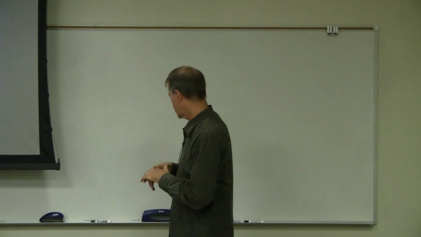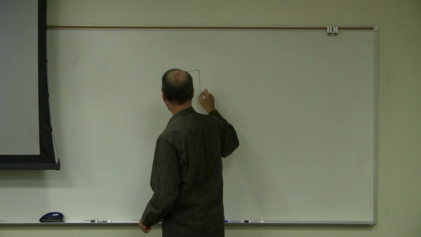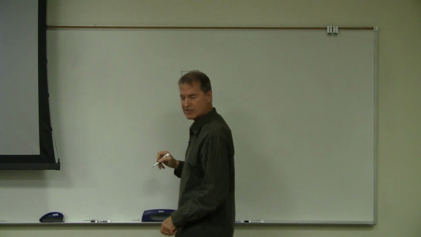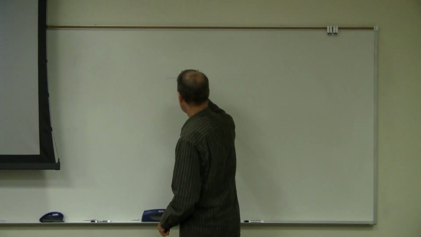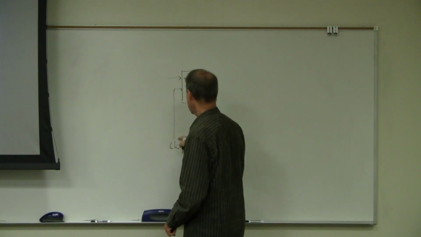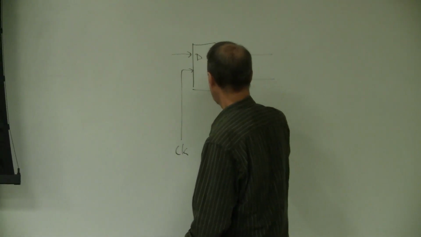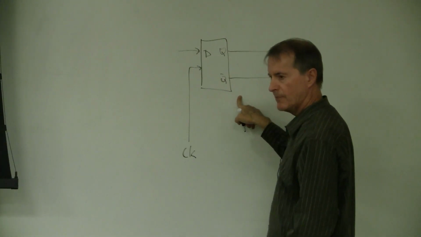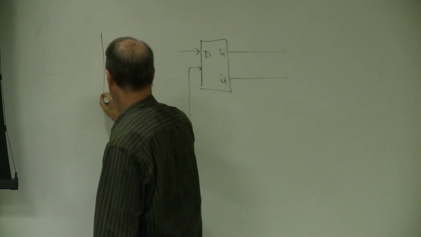When you construct an SR from a D, right. So, I don't know if I did something legal. Okay, let me draw the picture. So the question is how to construct an SR from a D. Here's the clock coming into the D, and the D has a Q and a Q bar going out. And since you're constructing an SR flip-flop, here's the question.